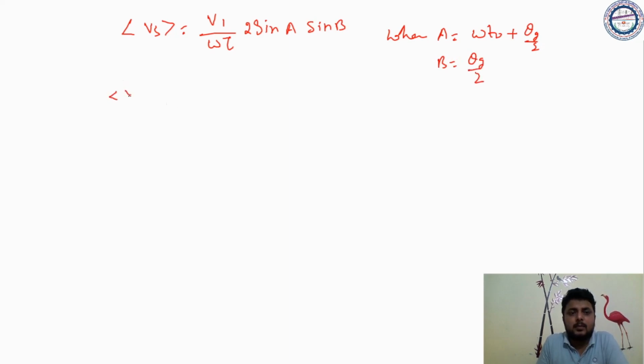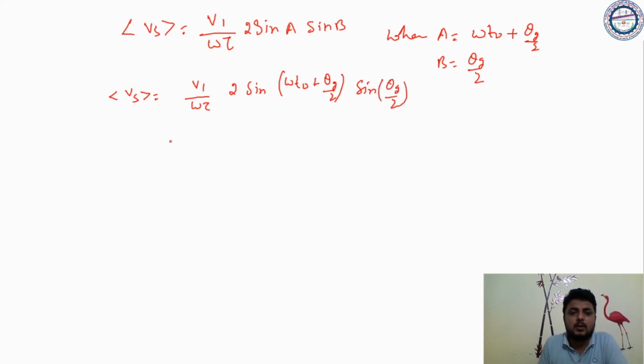Therefore this can be rewritten as Vs equal to V1 by omega tau into 2 sin of omega t0 plus theta g by 2 and sin of theta g by 2.